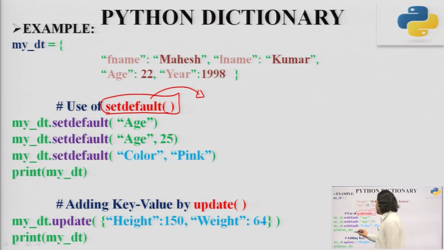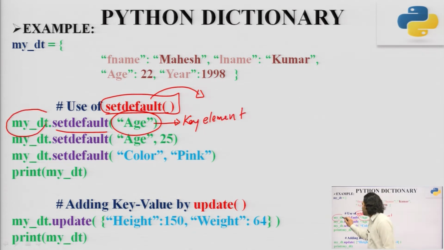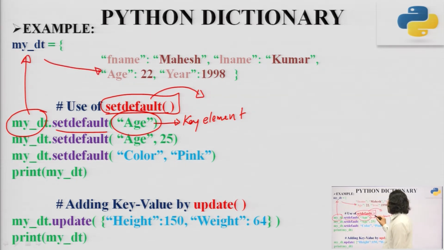Look at the very first statement of setdefault. Here you can see that age is the key element, and it is already present in my dt, with a specific value of 22. That means, as per setdefault, if the key element is not present, that key element will be added with the default information you have mentioned in the statement.